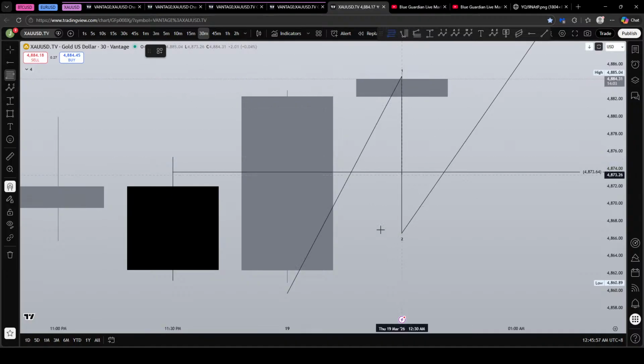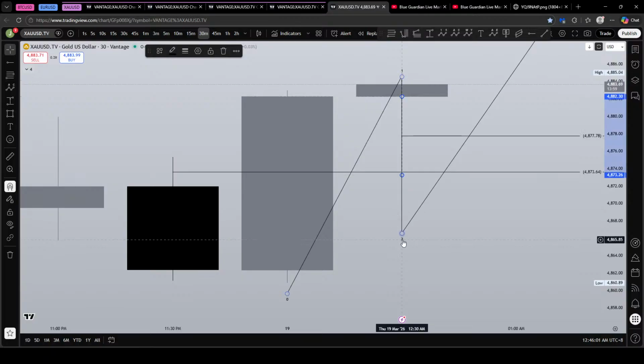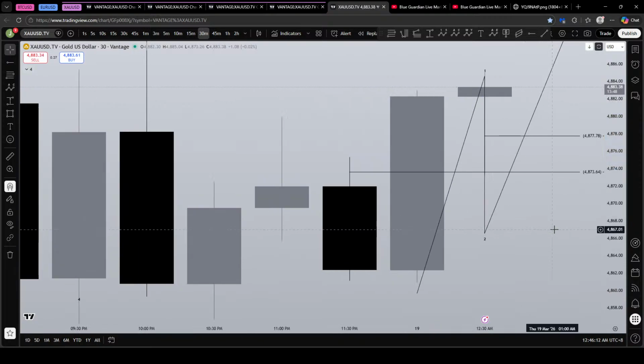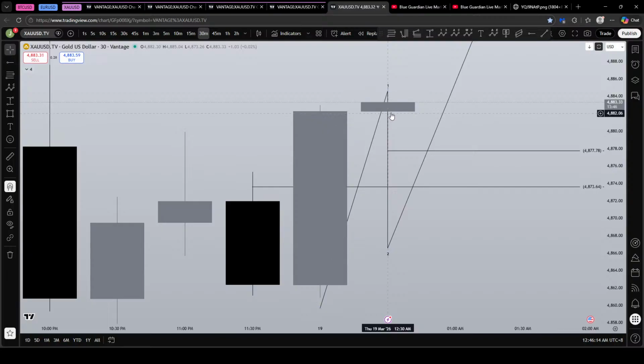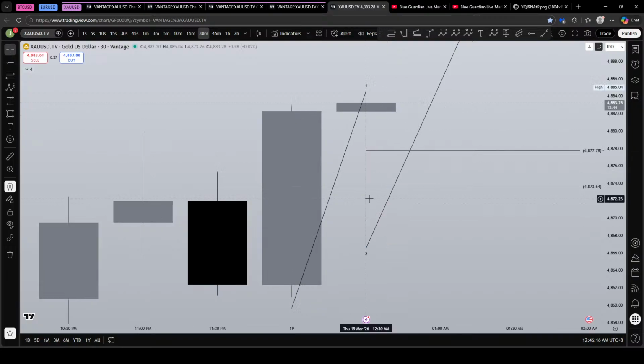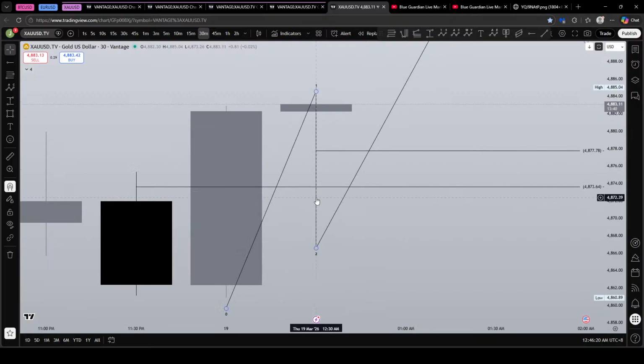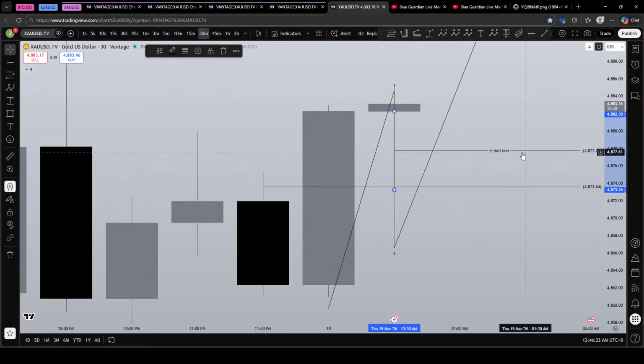So 50%, or the CE of the left wick and the right wick. Since this is not yet closed, we still have to wait for around 13 or 14 minutes. Once this candle closes with a big wick candle here, then this will be a good example of an implied fair value gap.